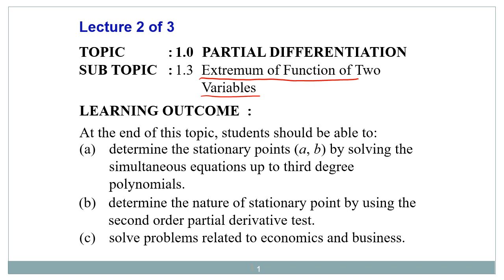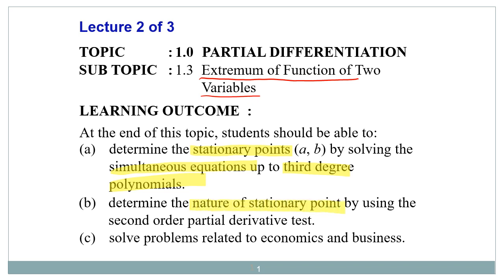So at the end of this topic, students should be able to determine the stationary point (a, b) by solving the simultaneous equations up to third degree polynomial. So what is third degree polynomial? Okay, we have power of 3. And then determine the nature of the stationary point.